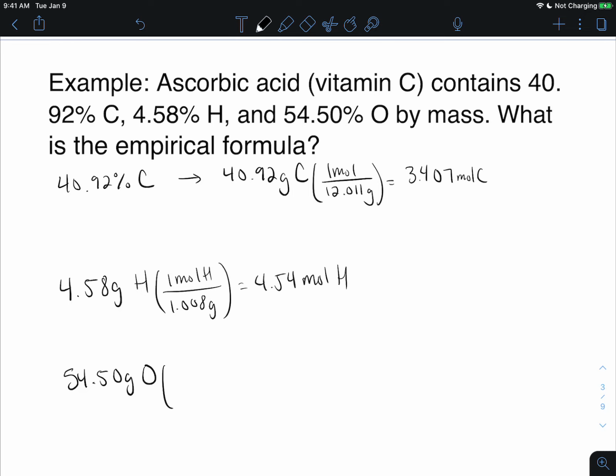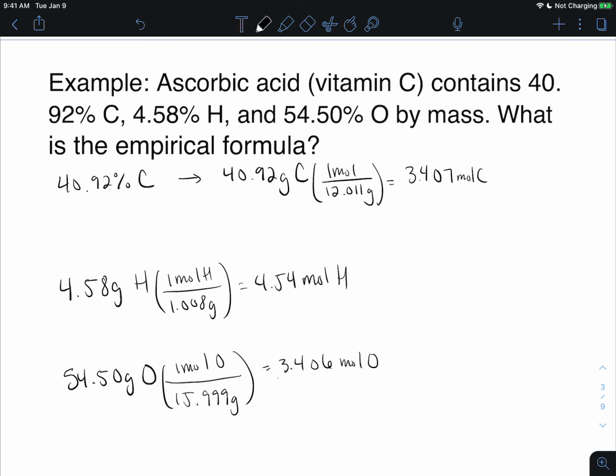And then 1 mole of oxygen, again atomic oxygen, so it has a mass of 15.999 grams. That gives us 3.406 moles of oxygen. Now we're going to take our smallest one and divide all the rest of them by it.